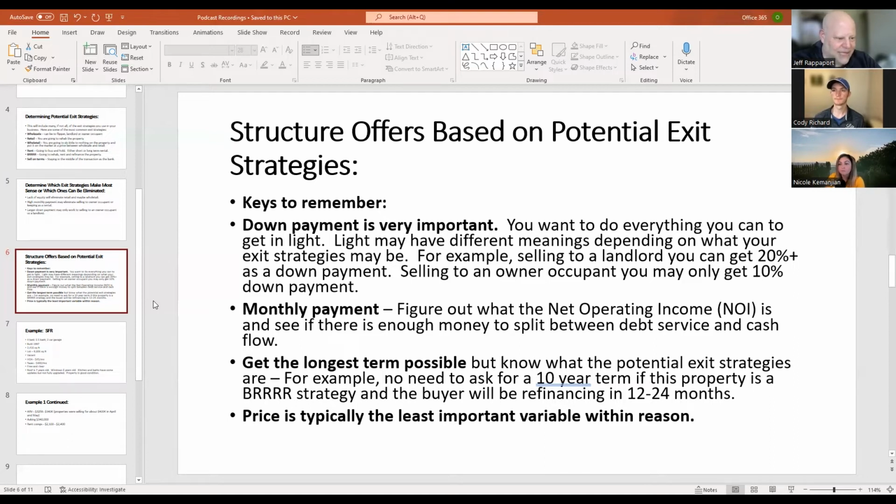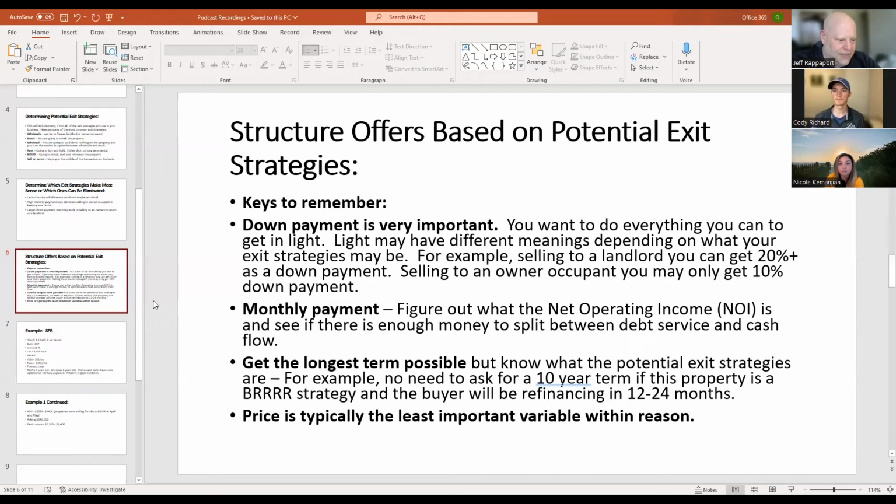And as investors, we want to conserve our own capital, and whether we use someone else's or we're able to get ours back in a fairly quick amount of time. Otherwise, we only have a finite amount of money to use, and then we're kind of stuck, right? We can't buy anything else. So keeping that down payment light.